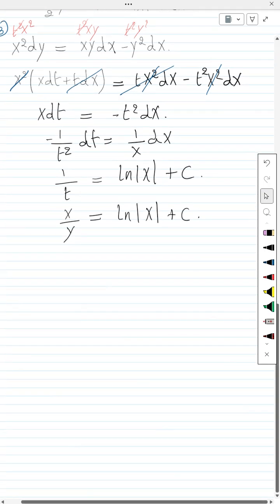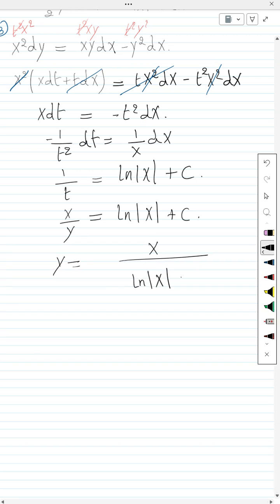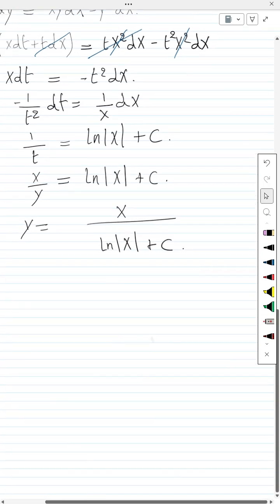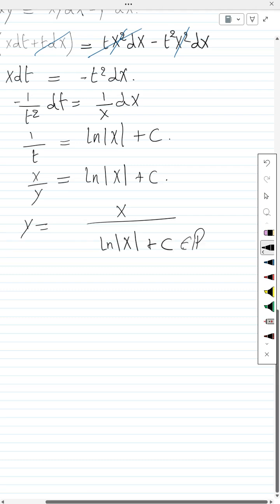This is a solution, but we need to do some simplification. We will get that y equals x over ln absolute value of x plus c, and c belongs to R.